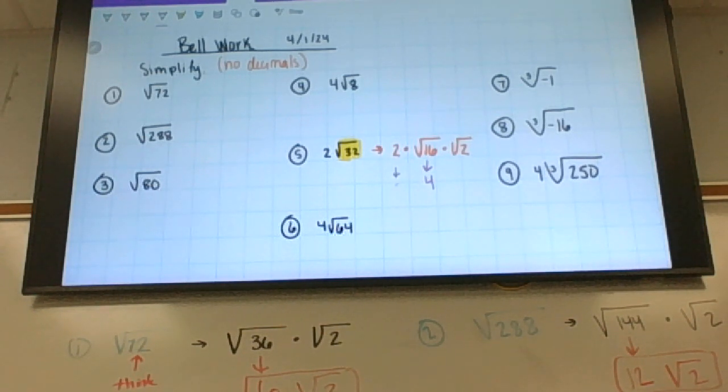So this is still out front. Did I just do this one? Oh, it's very similar. It's the same answer. 8 square root 2. Whoa. Very similar. I'm excited. Wow. Very neat.